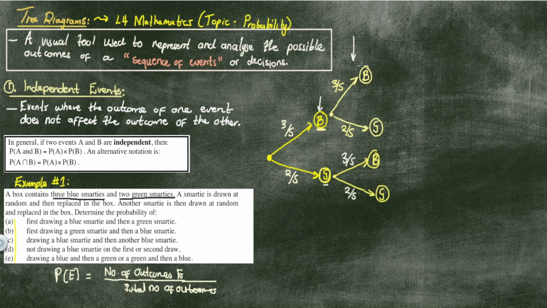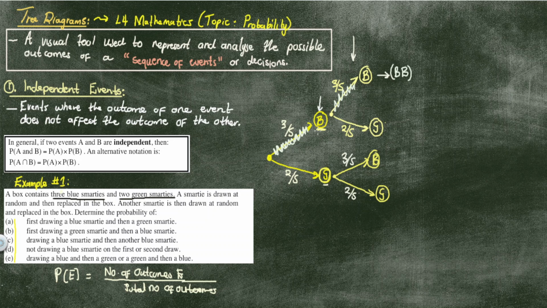This is our tree diagram. And just make it a habit, after drawing your tree diagram, to list your outcomes. So this is a branch. Branch 1: for the first row, we keep a blue, and for the second row, I keep a blue.